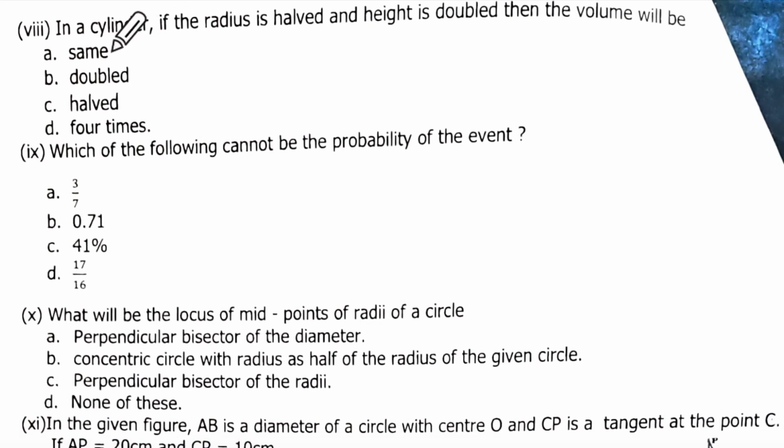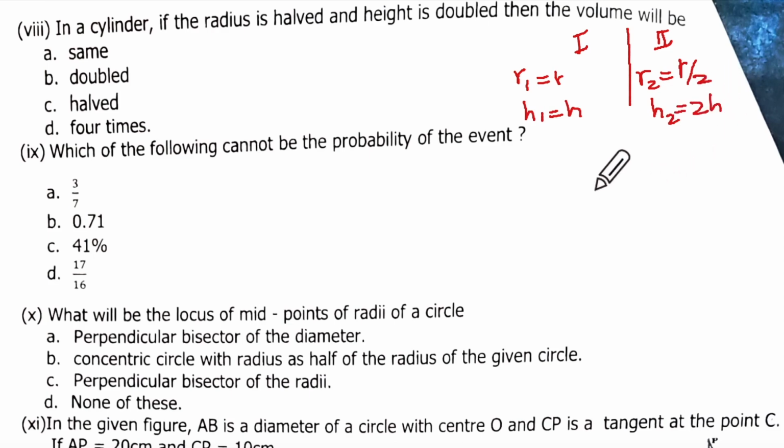Now, let us look at this one. This part, some of you did get a little confused. Anytime there is a ratio like this, please make the columns in your thinking. The radius R1 is R and R2 will be R upon 2. Height is doubled means H1 is H and H2 is 2H. Now what will happen to the volume? Volume V1 is to V2 will be equal to pi R1 square H1 is to pi R2 square H2.